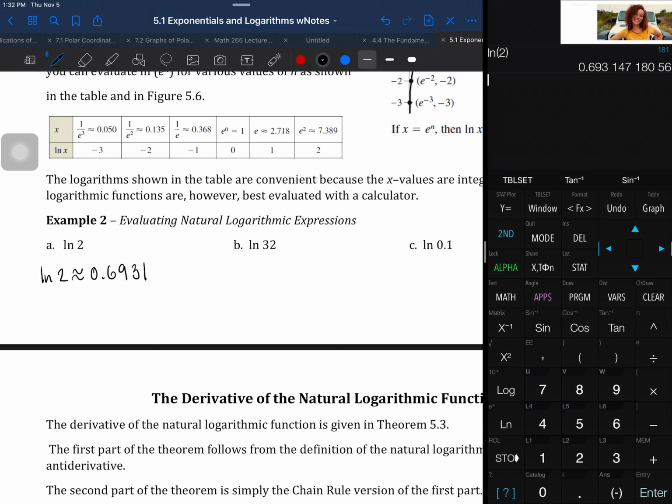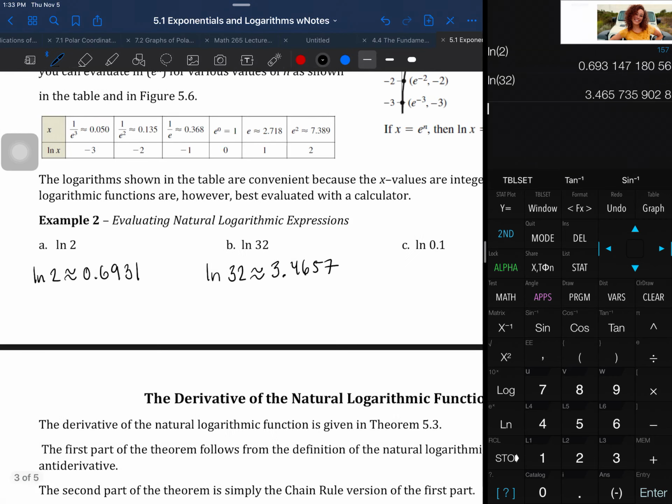Let's try the next one, the natural log of 32. So we'll do the same thing. We're going to press the ln, type in 32, press enter, and we get approximately 3.4657. Just to be more proper, I'll put an approximation symbol.